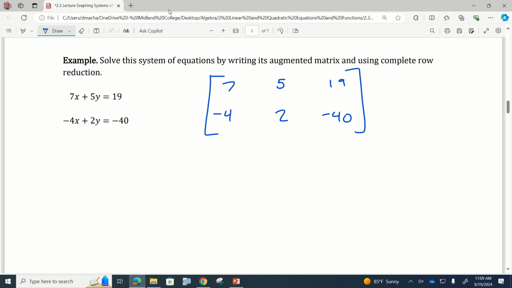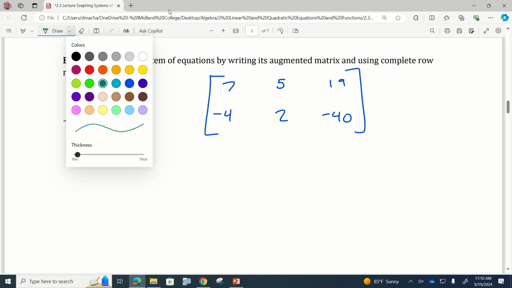If that's the case, and you can't think of a way to get a number 1, maybe you move on and you think about, how could I make the negative 4 into a 0? And I can't multiply by 0, but maybe I could add the first row. Well, in this situation, I can't really add 7 to negative 4 and get a 0. So there's really no way for me to get a 1 or a 0.